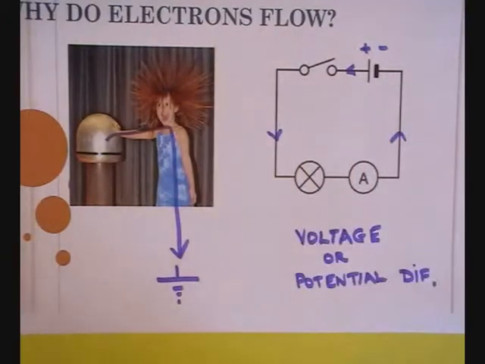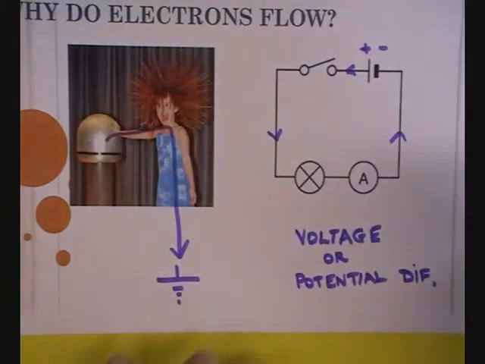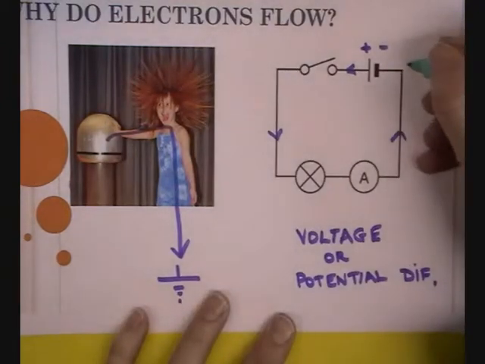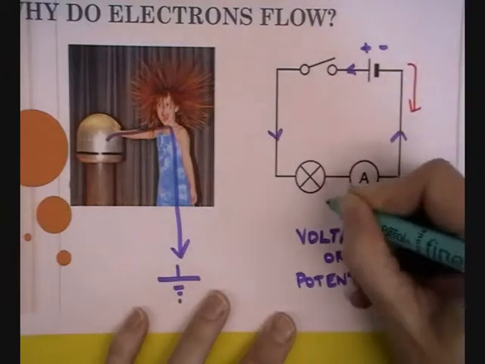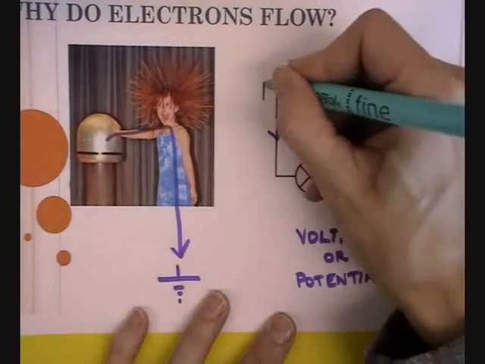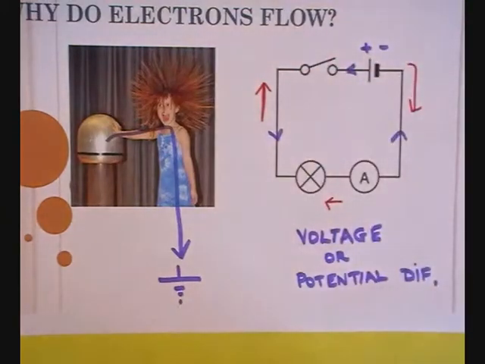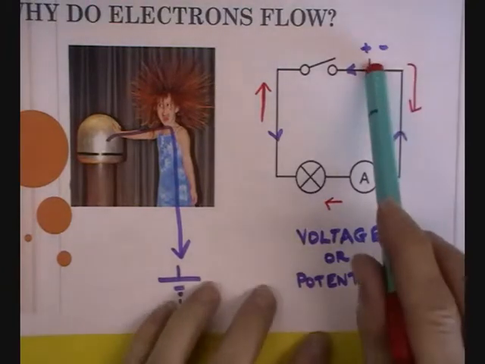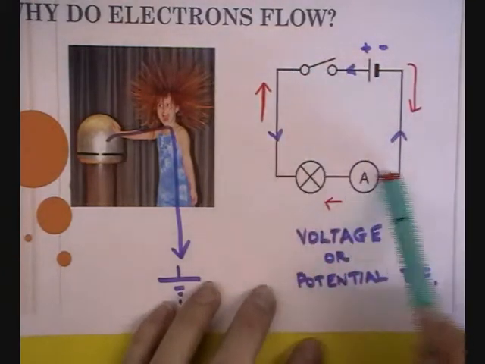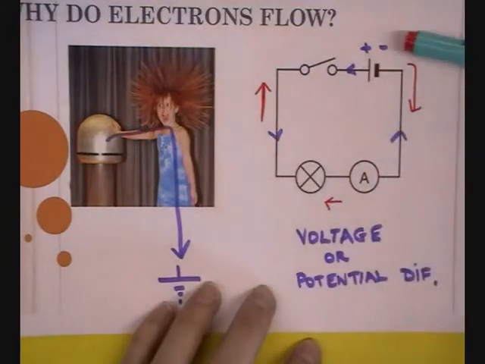Now in actual fact, the electrons in a circuit move from minus, they repel from the minus round to positive. But years ago, when scientists first came up with the idea of electricity, they didn't know it was electrons flowing. They thought it was positive particles. So they came up with the convention that electricity flows from plus to minus in a battery. Electrons actually flow the other way around.